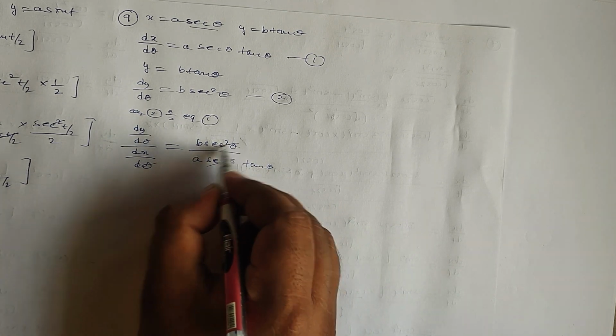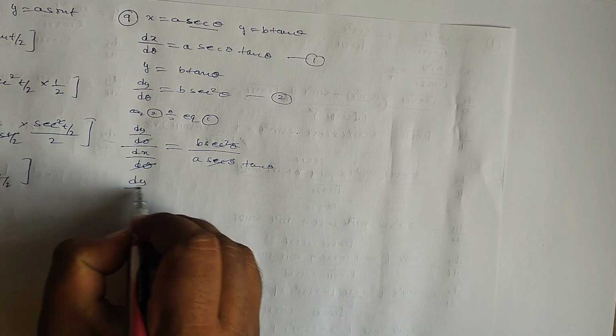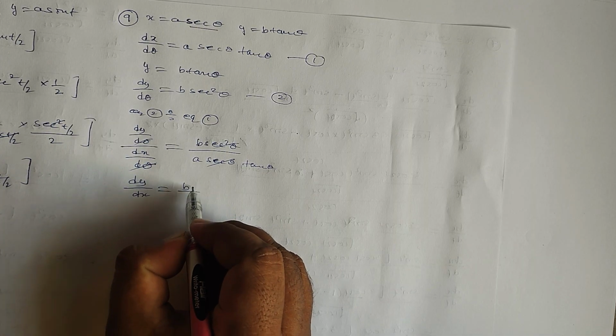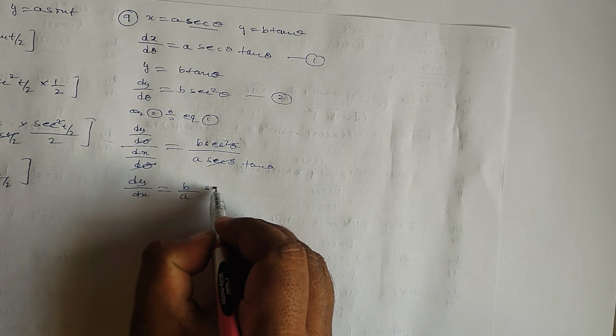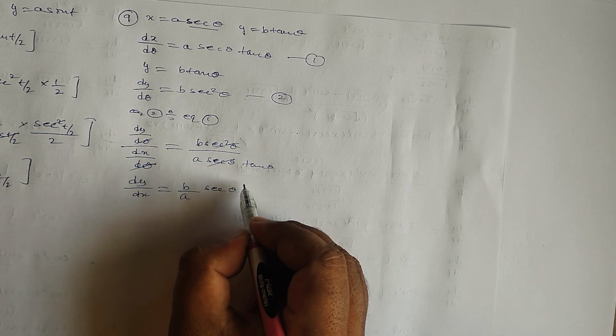So here one sec gets cancelled, d theta cancels, and dy by dx is equal to b by a into sec theta by tan theta.